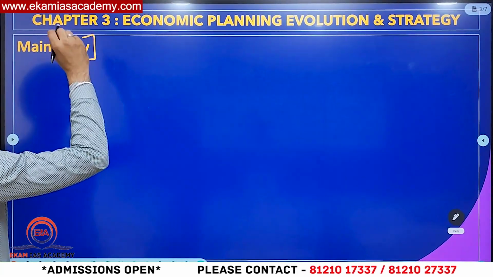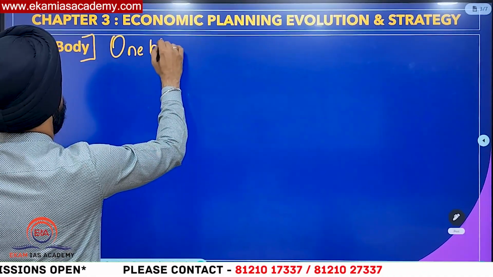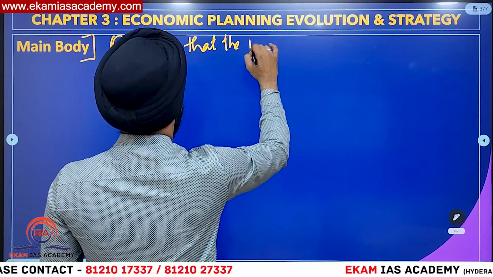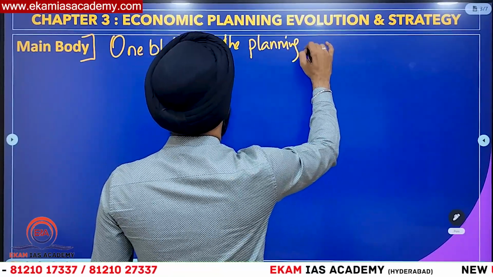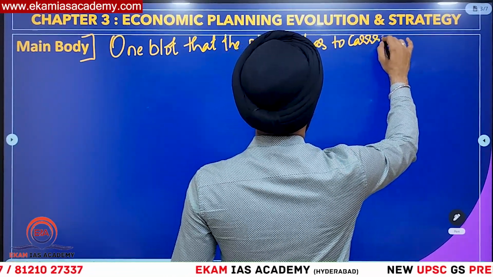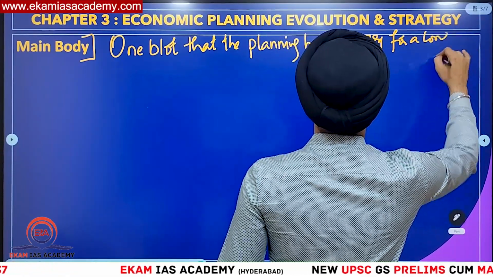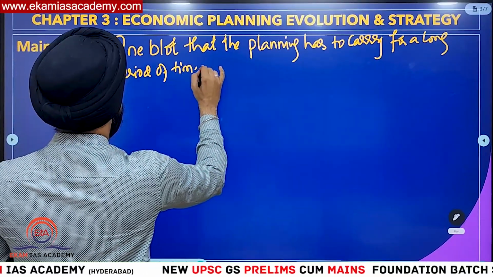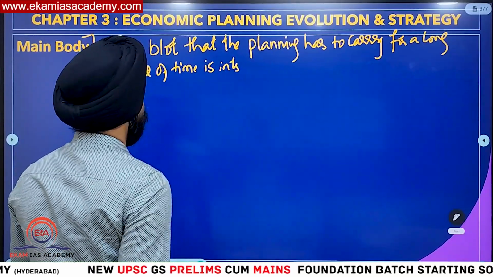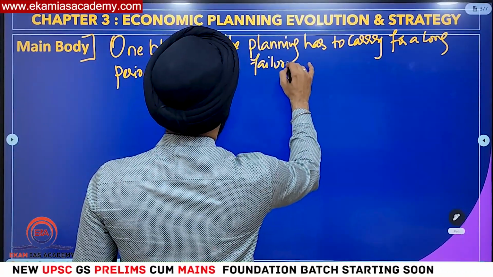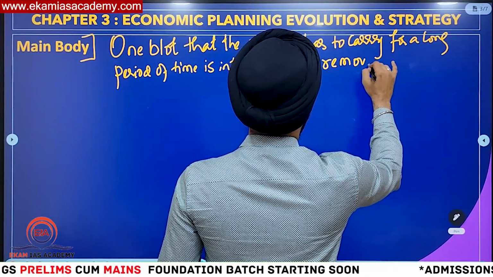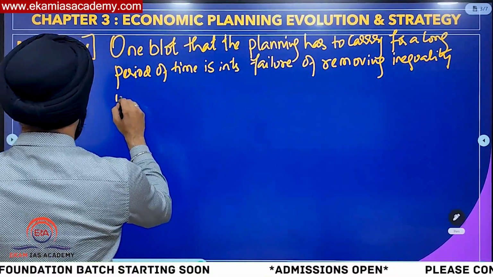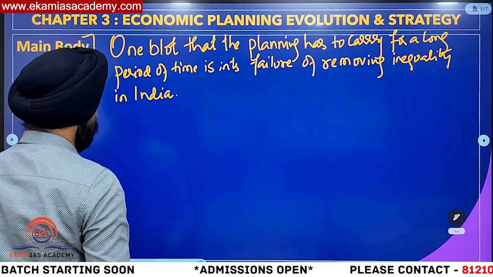In the main body, one blot that the planning has to carry for a long period of time is its failure of removing inequality in India. Full stop.